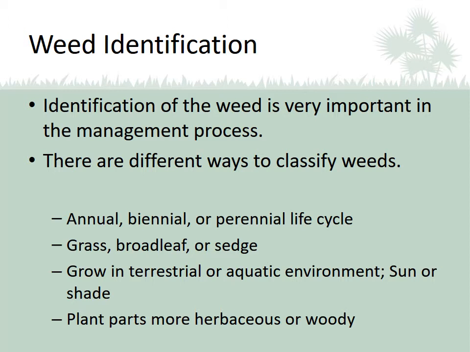This is a very important way of grouping them or classifying them because that aligns very closely with the type of herbicide you would use to control them. Weeds can grow in terrestrial environments, also aquatic environments. We have a large number of aquatic weeds here in Florida, a large number of invasive aquatic weeds, and they can also be grouped by sun or shade. And then plant parts can be either more herbaceous or woody.